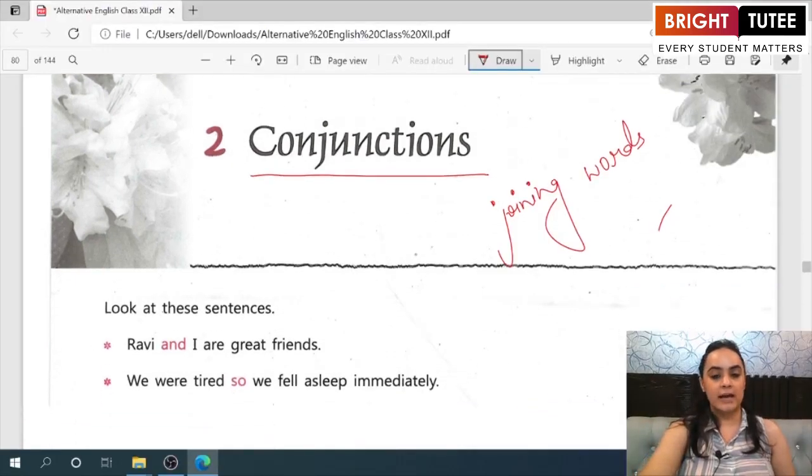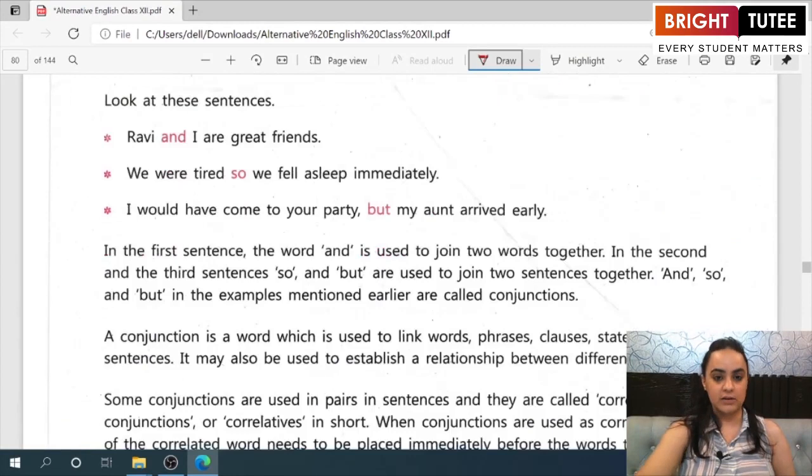Let us look at a few sentences first. Ravi and I are great friends. We were tired, so we fell asleep immediately. I would have come to your party, but my aunt arrived early. Now, in the first sentence, we used and to join the two sentences.